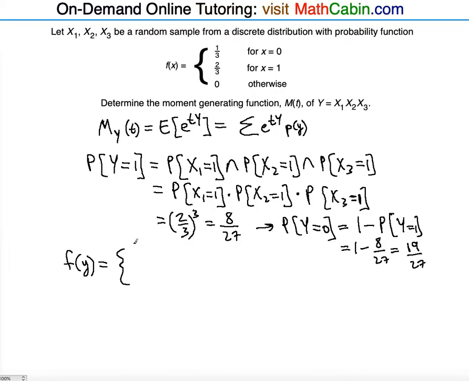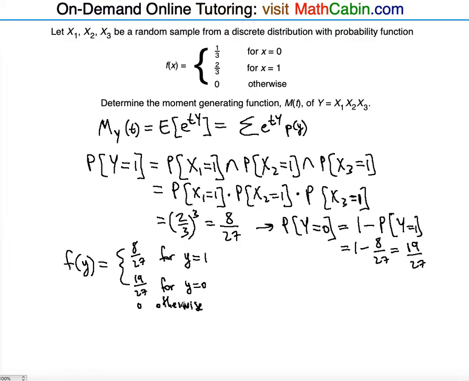So we have successfully found the probability function for the random variable y. It's 8/27 for y equal to 1, the same way the probability function is formed for x, and 19/27 for y equal to 0, and 0 otherwise, of course.